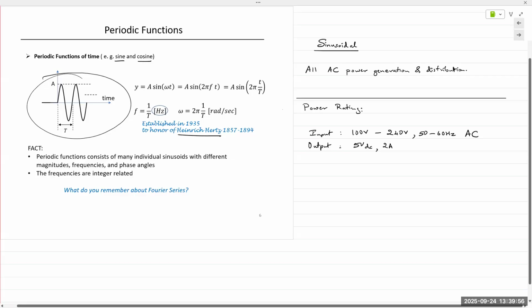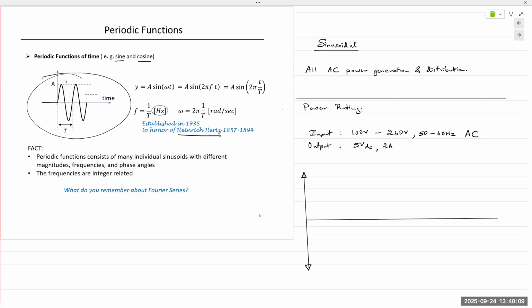Okay, so a sinusoidal waveform that we see here will start from, so that's negative, that's positive, let's say that's 0 or the midpoint. It starts from 0, goes to a positive peak, comes back to 0.